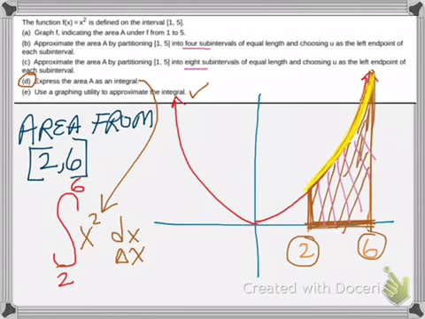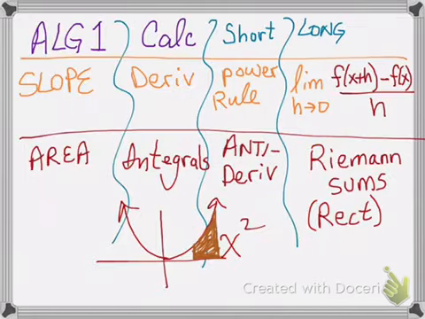It has no name. Now, to give you a little bit of context and history to this, before I explain to you how to do parts B and C, a little bit of history here because I want you to understand the concept, not just how to get the answer. Now, in Algebra 1, you guys learned a lot about slope, and in calculus, we call it the derivative, okay? So the derivative is finding the slope of non-straight lines.